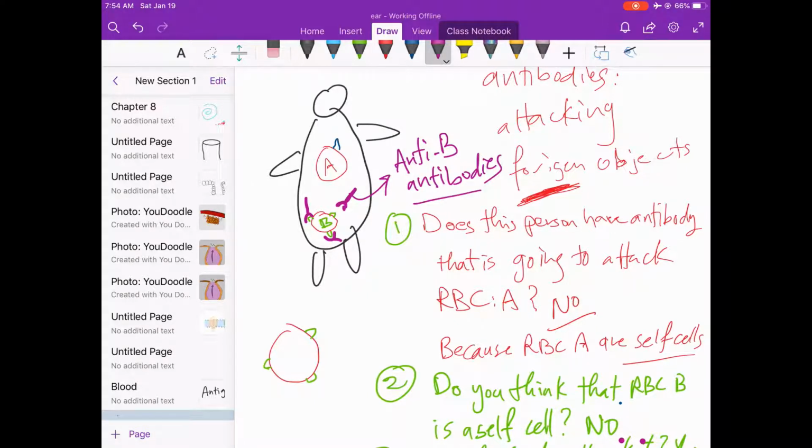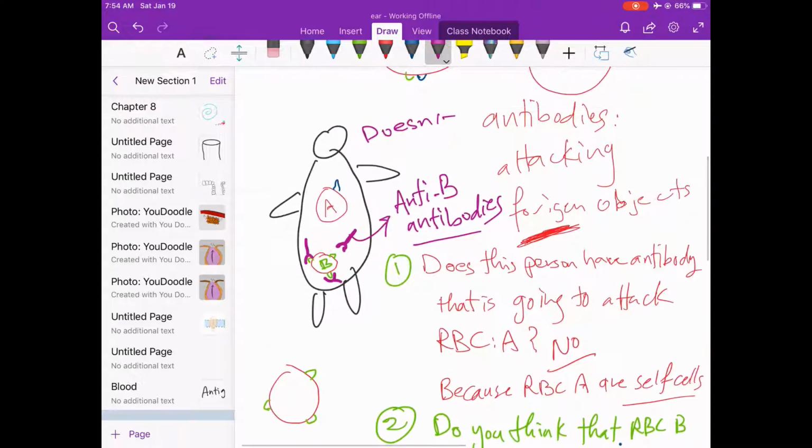Anti-B antibodies. This person does not have the anti-A antibodies. He has the anti-B antibodies.